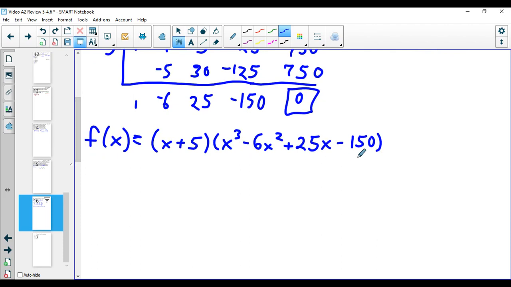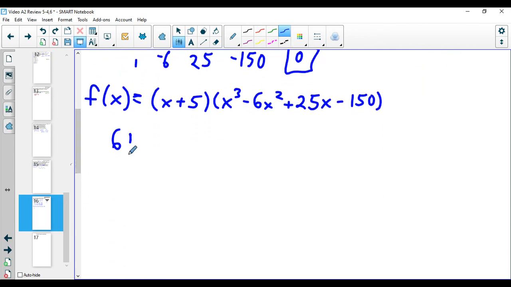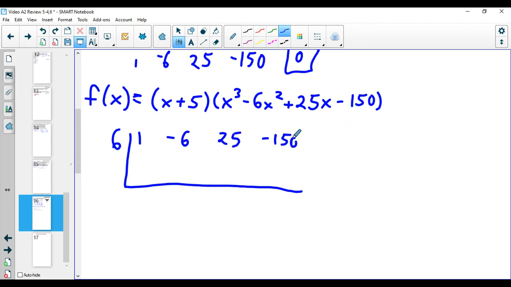So we're going to take our new polynomial and divide that by x minus 6 using synthetic division. Write the positive 6. Then we've got a 1 for x to the third, -6 for x squared, 25 for x, and -150 for the constant. All right, let's run through it. Bring down the 1, multiply, get +6. We get 0.